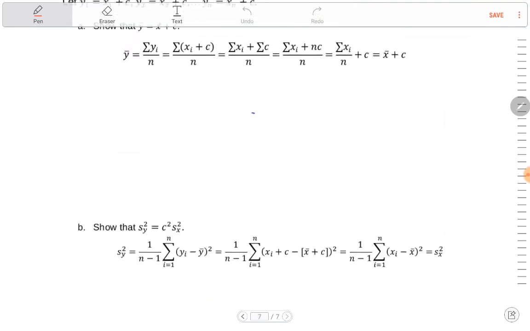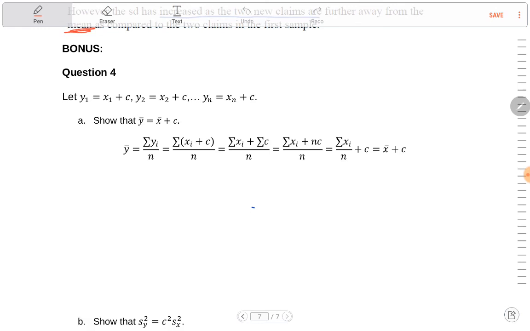So anyway, if we look now at part 4, which is the bonus question, if you attempted it, this is basically what's going on. Maybe you have x values like 2, 4, 1. If y is those x values plus some constant, let's say the constant is 2, then y is equal to 4, 6, 3.